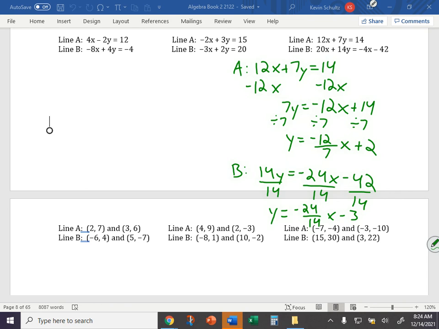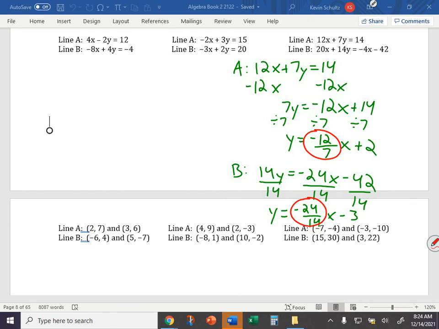Parallel, perpendicular, or neither? Yeah, I was waiting for someone to shout out, neither! But yeah, you do have to simplify, right? Guarantee on the test, I'm going to give you something like this, where if you're not paying attention, you'll look at these and you'll say, different, neither, right?